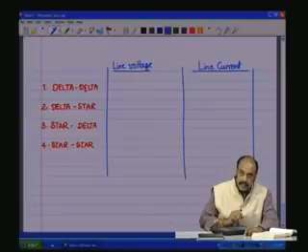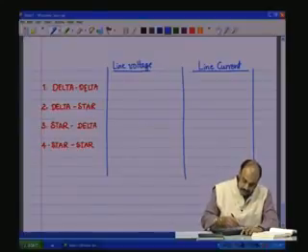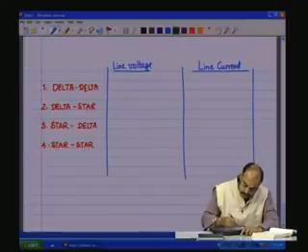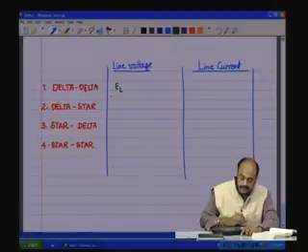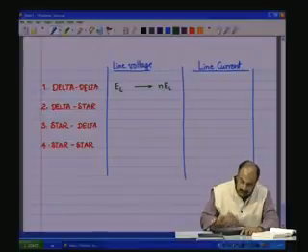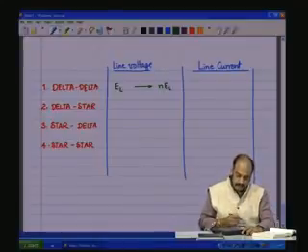Now, in the case of the delta delta, if we apply a line voltage EL on the primary side, it gets reflected as N EL on the secondary side.